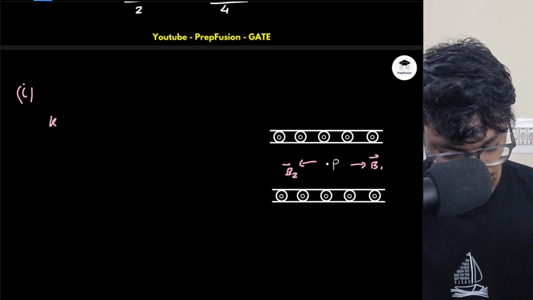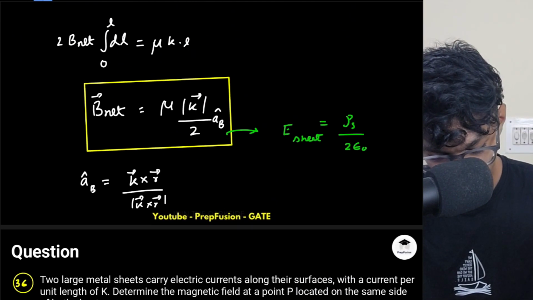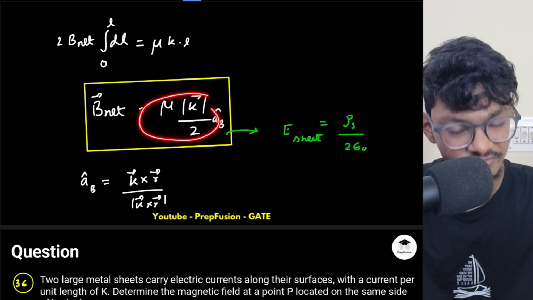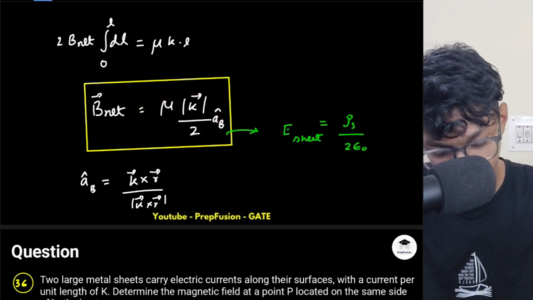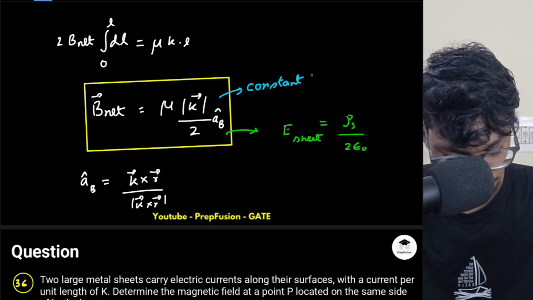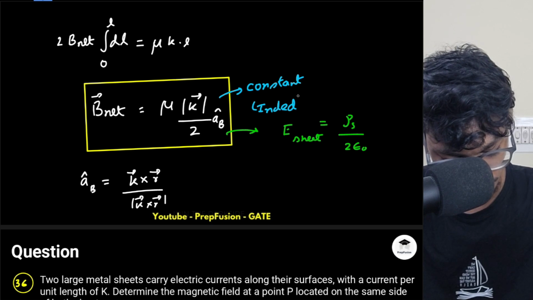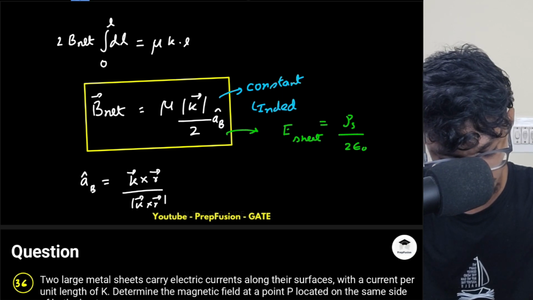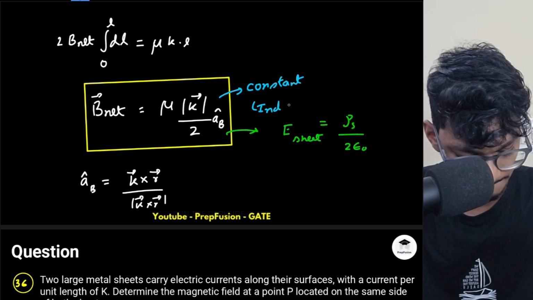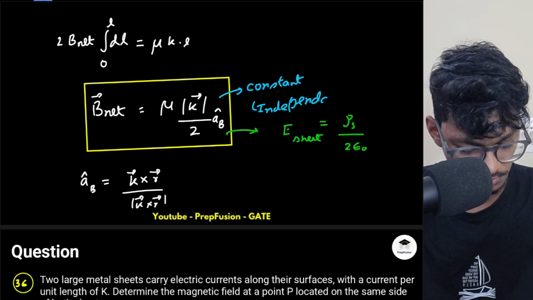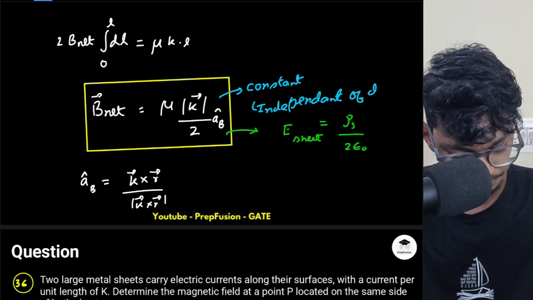One more interesting fact: we saw that this magnetic field was independent of distance. There was no distance present. This magnetic field was constant. I forgot to mention yesterday that this is a constant magnetic field, independent of distance.